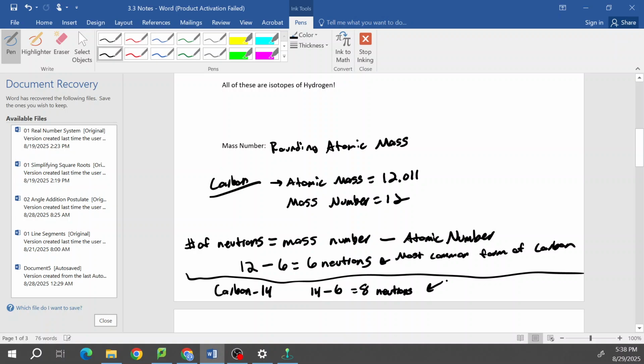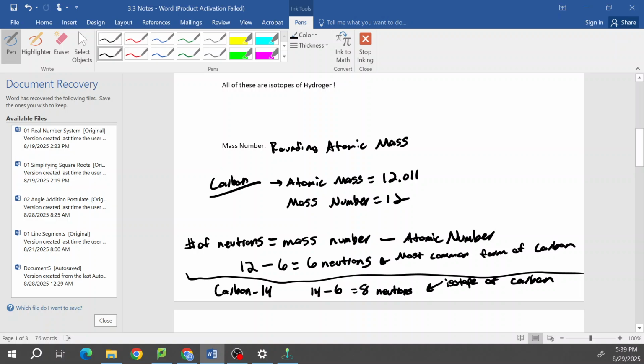This is just an isotope of carbon, because it differs in the number of neutrons. So carbon 12 and carbon 14 are both isotopes of carbon. This one happens to have 8 neutrons. It's also a relatively unstable version of carbon. But we can always calculate the number of neutrons by just taking the mass number and subtracting the atomic number.